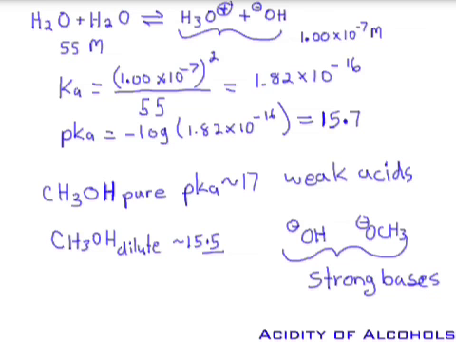Okay, so a question arises then. If alkoxides are strong nucleophiles and strong bases, and we've already seen where we use these in the alkyl halide section as strong nucleophiles, how can you prepare these alkoxides?